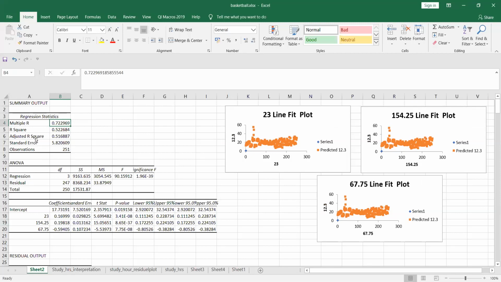This is the adjusted R square, and the standard error is small. Here I'm getting the intercept and three coefficients, beta 1, beta 2 and beta 3. Based on this, these are the various plots which we are getting.